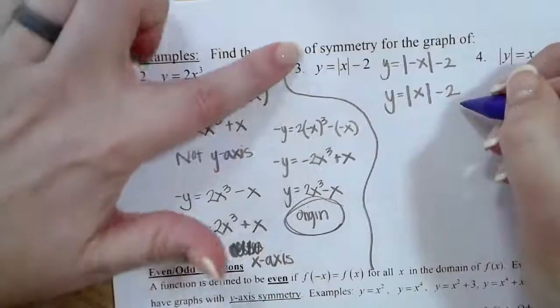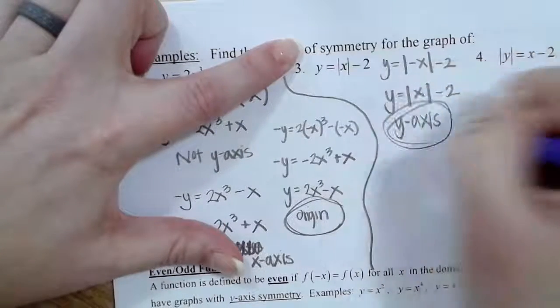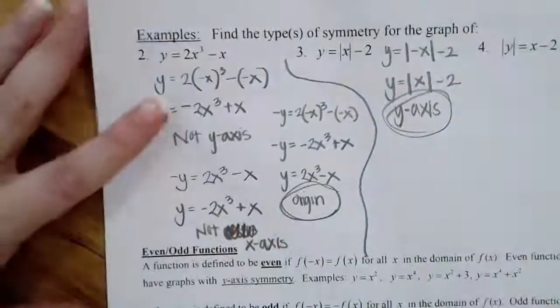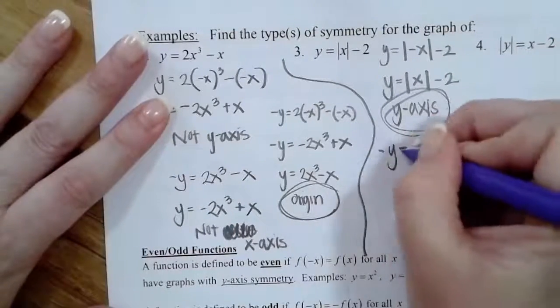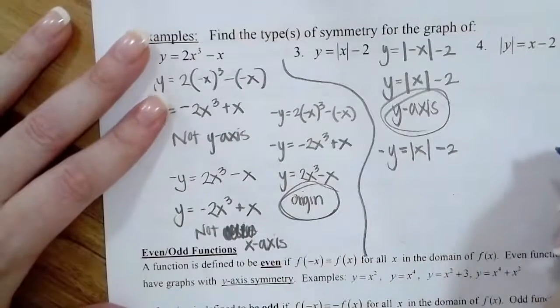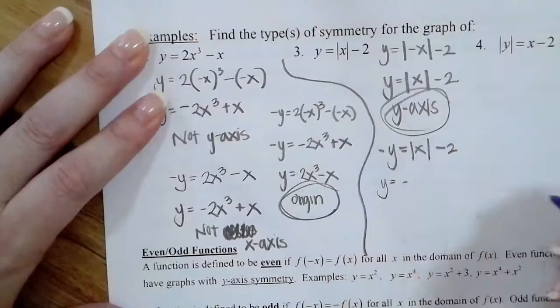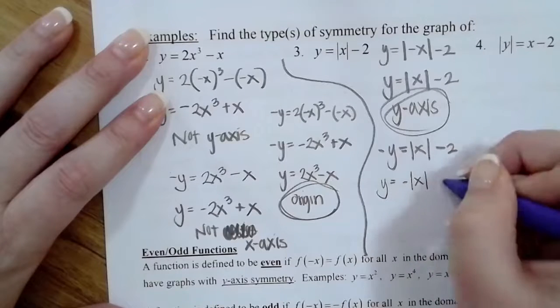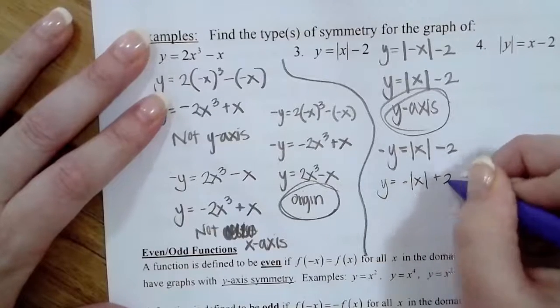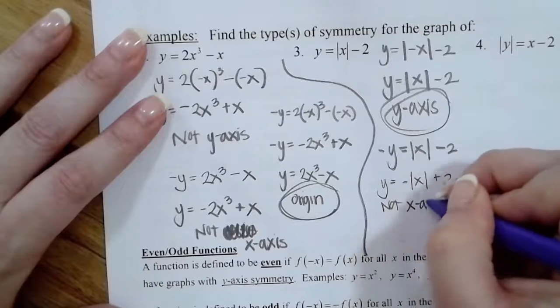So this and this are the same, so y-axis works out. Now let's try the x-axis. Negative y equals absolute value of x minus 2. Divide everything by negative, and it's y equals negative absolute value of x plus 2. That's not the same, so not the x-axis.